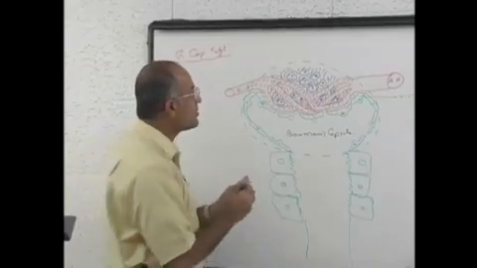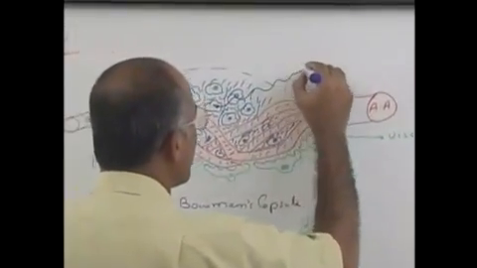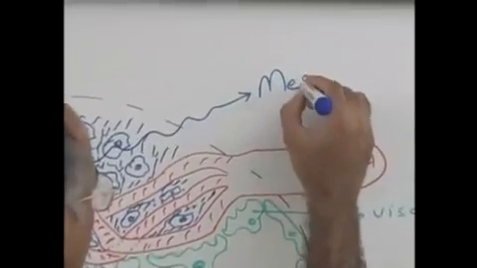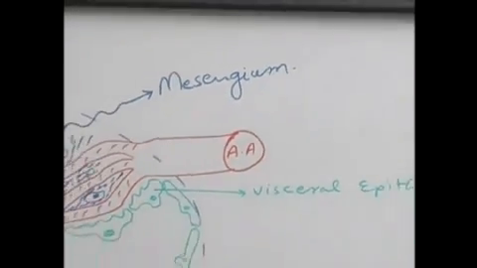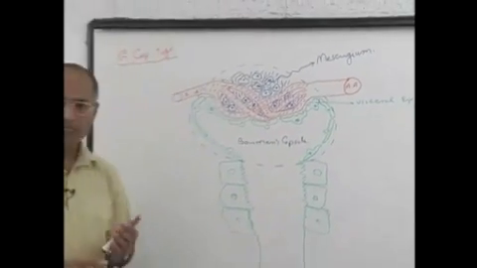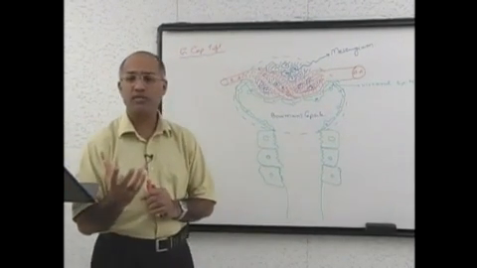What is the name of the structure? Whole this structure is called, yes please, mesangium. Now you should know, when someone talks about glomerulus, you should know what is glomerulus.